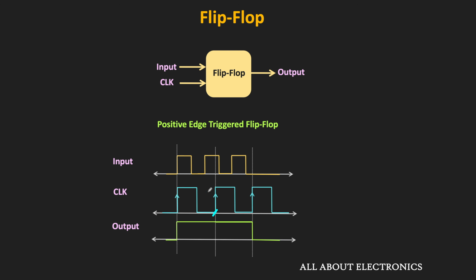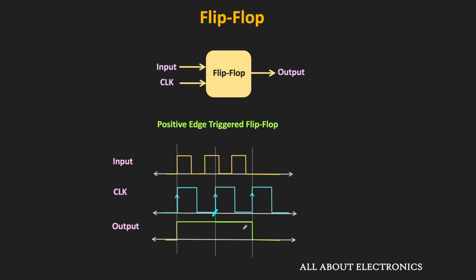That means during the next clock transition also, the output will remain high. And it will remain high until the next clock transition. So in between, even if the input level changes, it will not respond to that input level change. Now at the next clock transition, since the input becomes low, the output will also become low. And it will remain low till the next clock transition. So as you can see, this is the output of this positive edge triggered flip-flop.